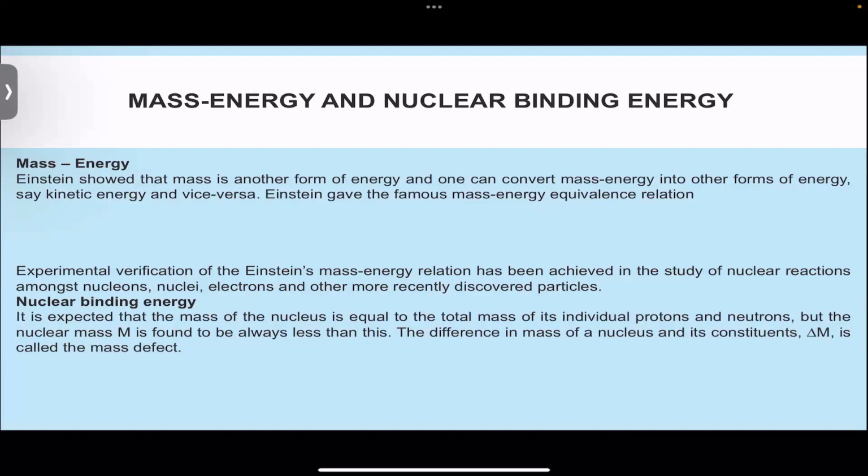Now there is a relation between the mass of the atom and the energy of the atom and nucleus when we are considering this chapter. This was understood by Einstein himself, who gave us the very well known relation between energy and mass: E equals mc square.